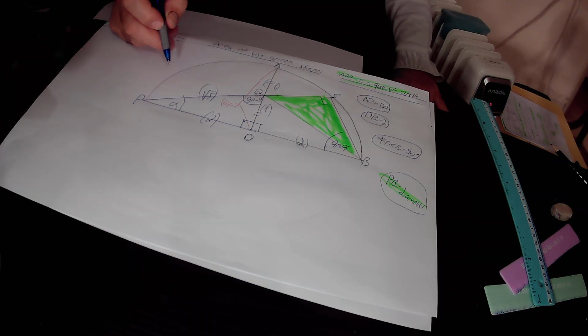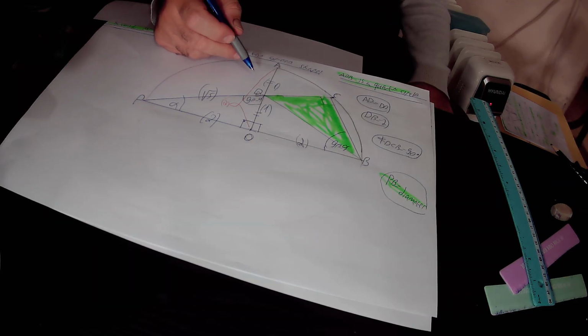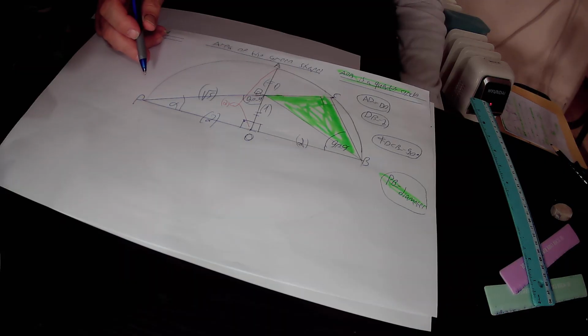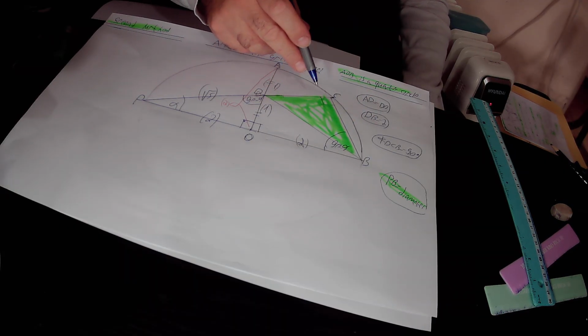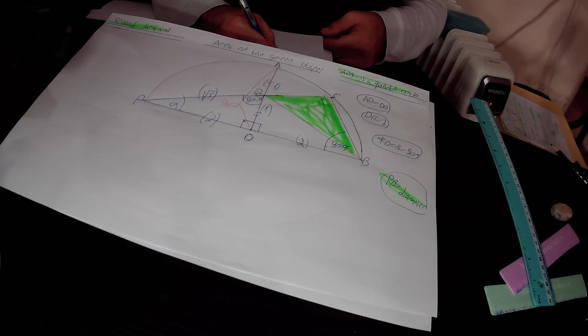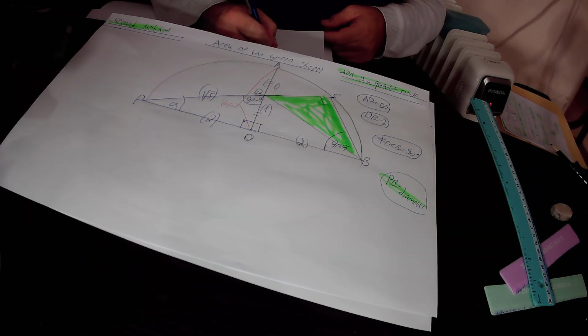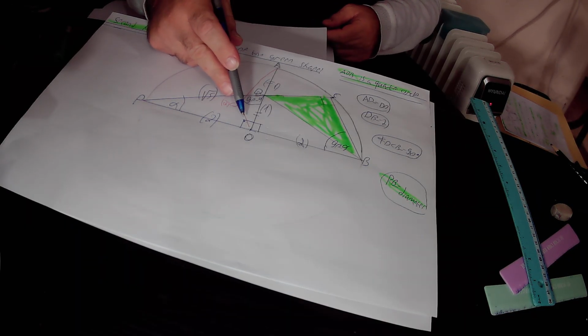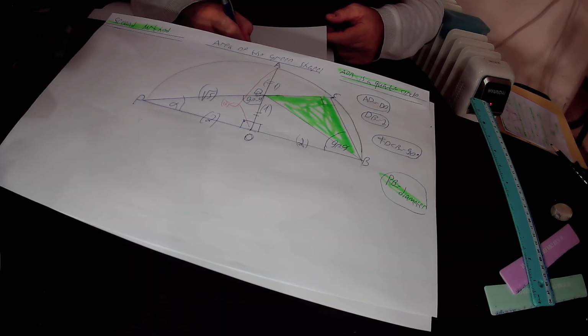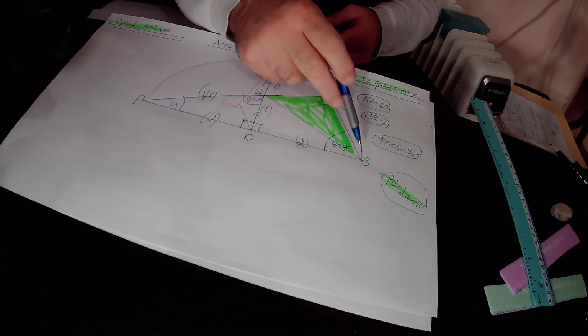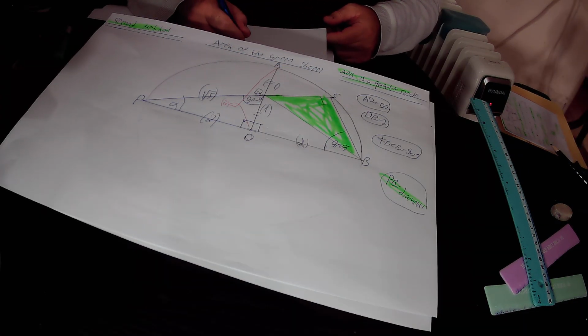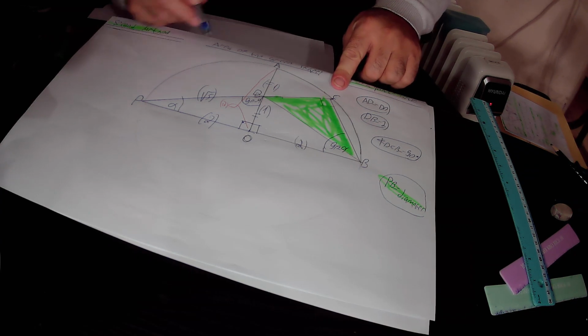Side PD of this small right triangle PDO over side PB of this big right triangle PBC, PD over PB, equals side DO of this small right triangle POD over side CB of this big right triangle PCB, and it also equals side PO of the small right triangle POD over side PC of the big right triangle PCB.